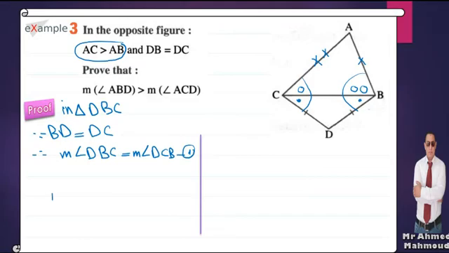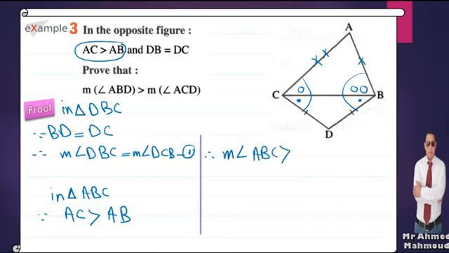In triangle ABC, since AC greater than AB, therefore measure of angle ABC greater than measure of angle ACB.